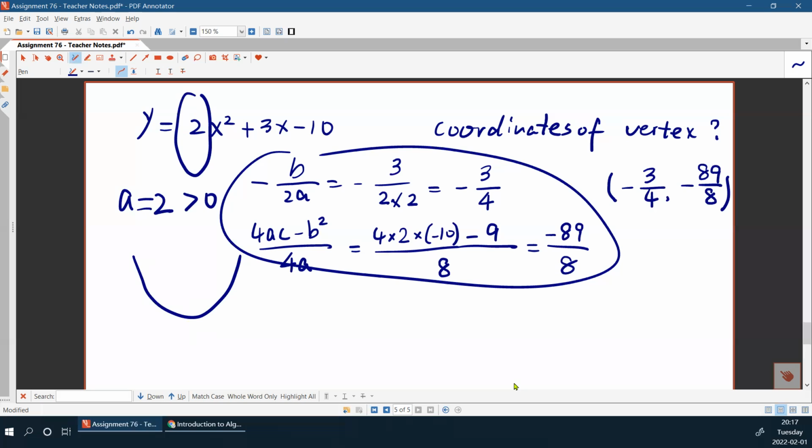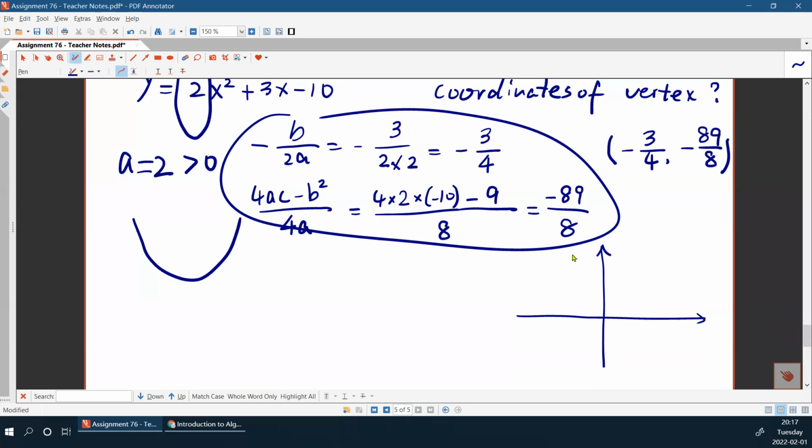Okay, so that means if you do not want to explicitly draw the graph on the coordinates, you can roughly draw it like this. First of all, the x coordinate is negative 3 over 4. The y coordinate is also negative, so the vertex is around here, right?